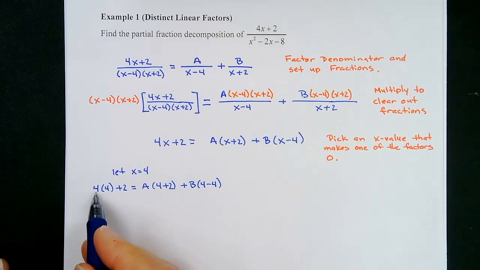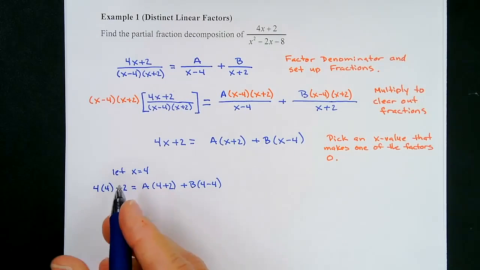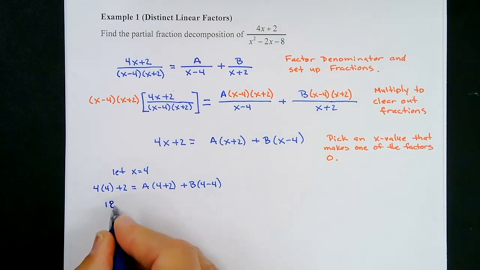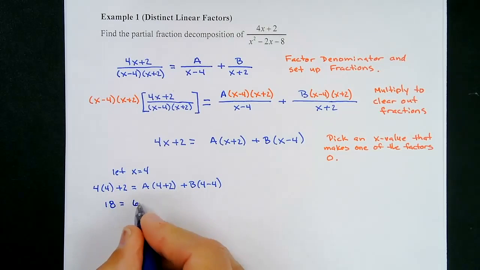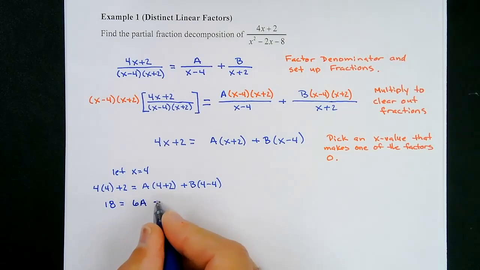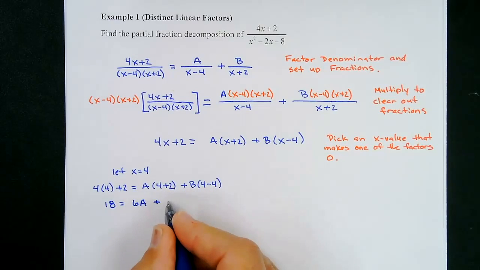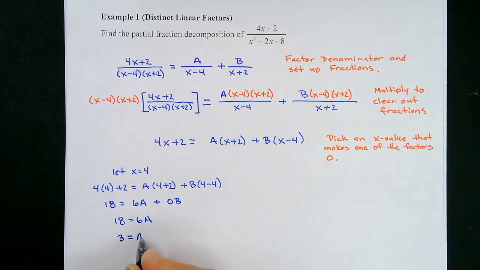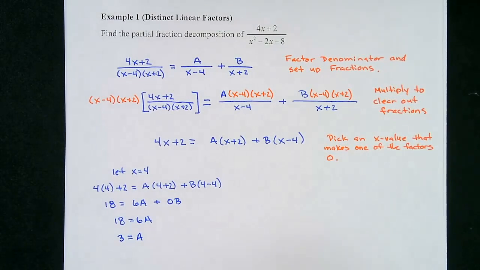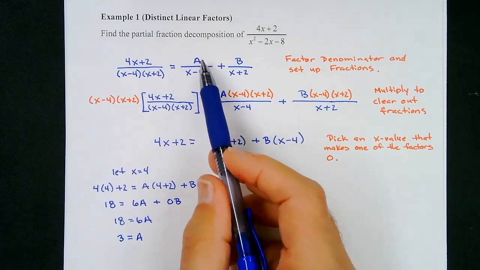This is going to be 16 plus 2, so that'd be 18, equals a times 6, or 6a, and then plus 4 minus 4, which would be 0b, which is really 0. So 18 is equal to 6a, and if we divide both sides by 6, we get 3 is equal to a. We now know this a right here is going to be 3.